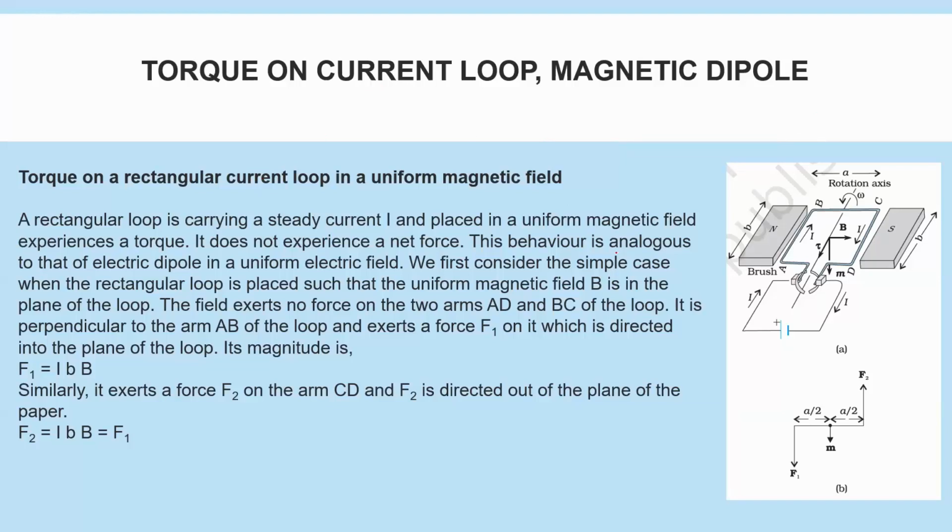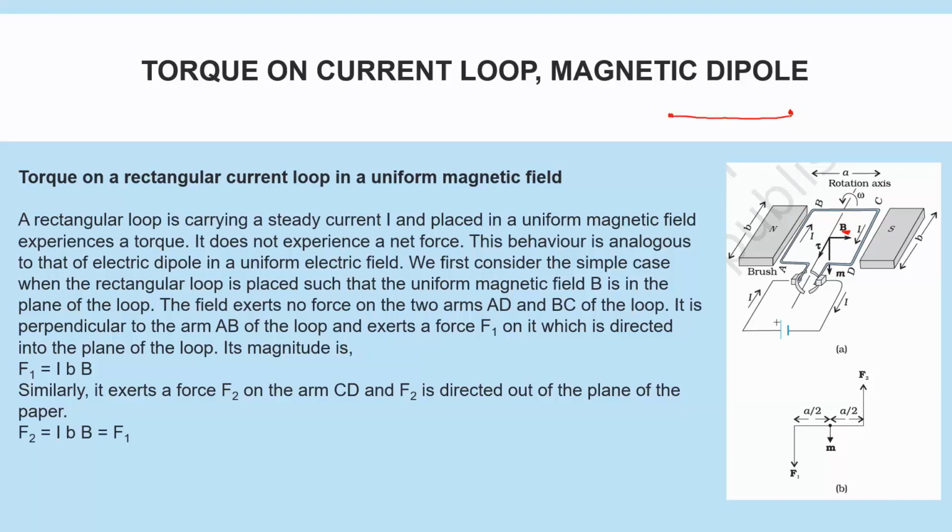The rectangular current loop shown here is carrying a steady current I, and it is placed in a uniform magnetic field B. This rectangular loop is experiencing a torque because of that. It does not experience a net force. This behavior, as I said, is similar to how we had an electric dipole.